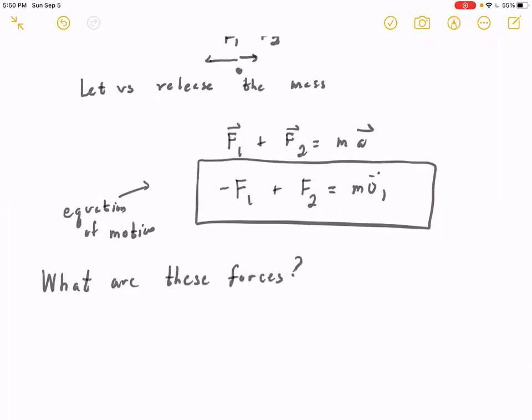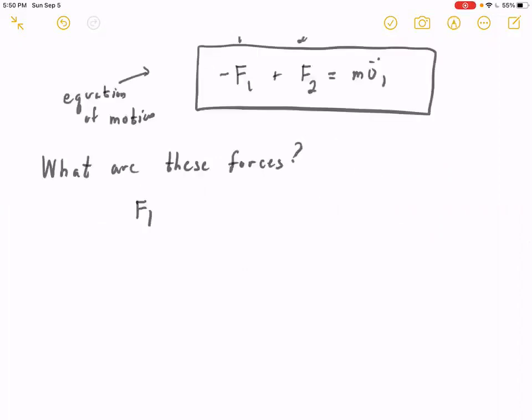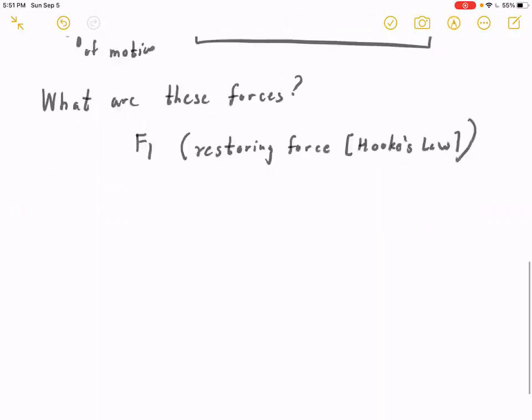So let's look at F sub 1. Again, it's a restoring force due to Hooke's law, so it's going to depend upon a spring constant and a displacement. Let's take the time to spell this out, and our diagram is highly instructive here.